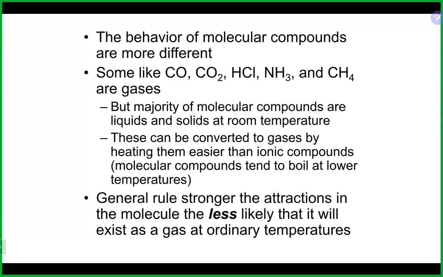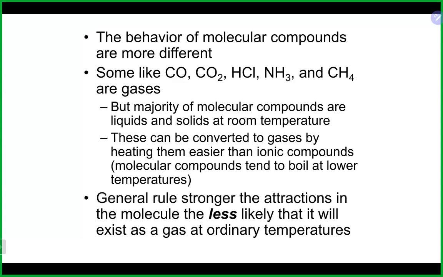The difference is, though, a good majority of molecular compounds, which again are these guys that have covalent bonds, typically are liquids or solids at room temperature. But one of the major differences between a molecular compound and an ionic compound is it is much, much easier to turn a molecular compound into a gas than an ionic compound.